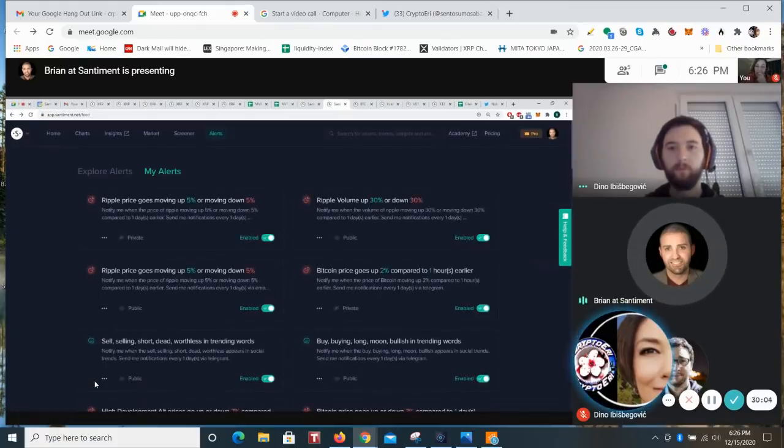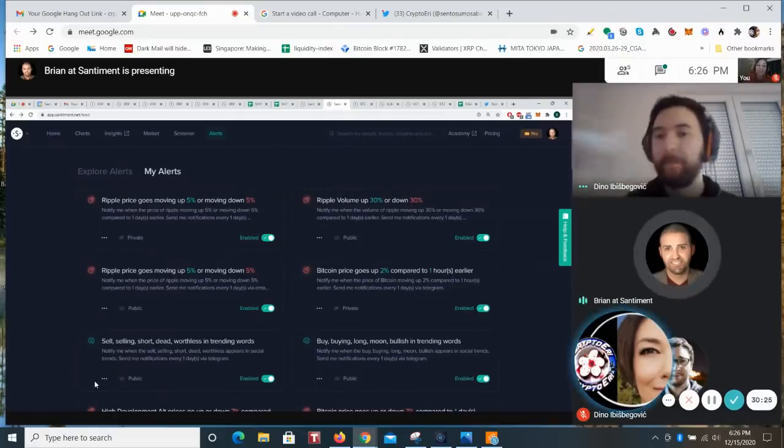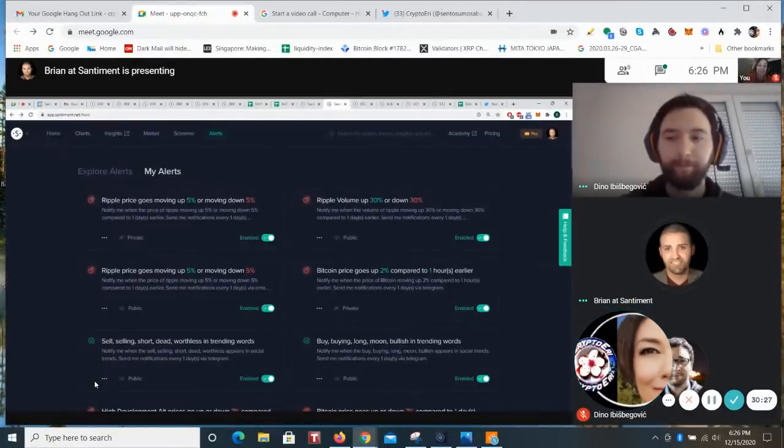And it works for volume, daily active addresses, and plenty of other metrics that Dino and myself have talked about here. I want to point that out because it's an underutilized tool on our platform right now. And honestly, I think it's tremendously useful when you're on the go and need to be notified very quickly when a very important metric is firing off or spiking or dipping.